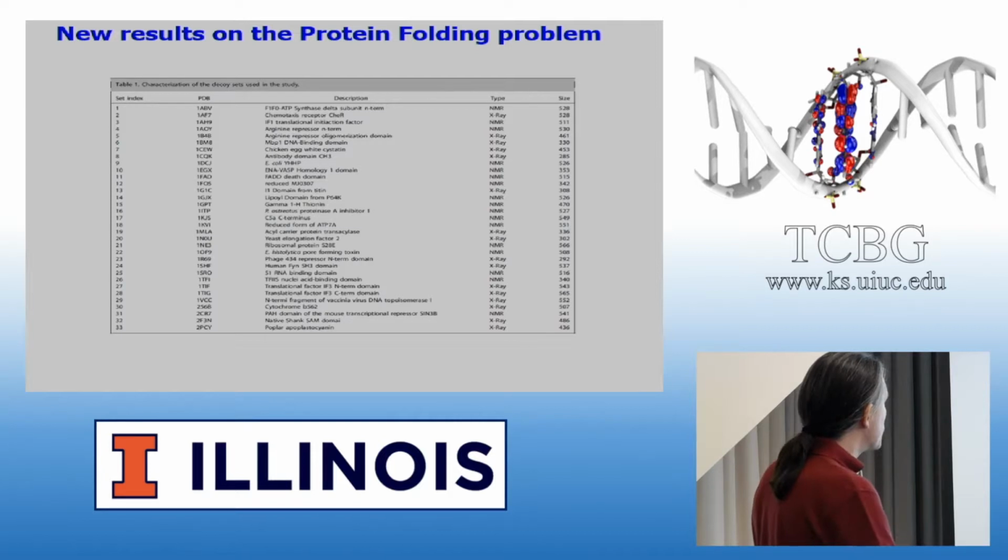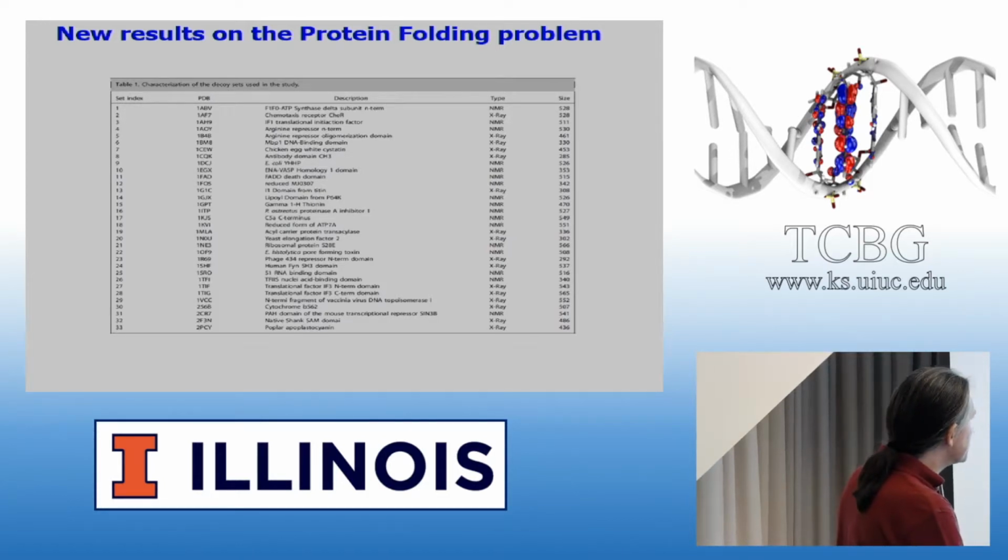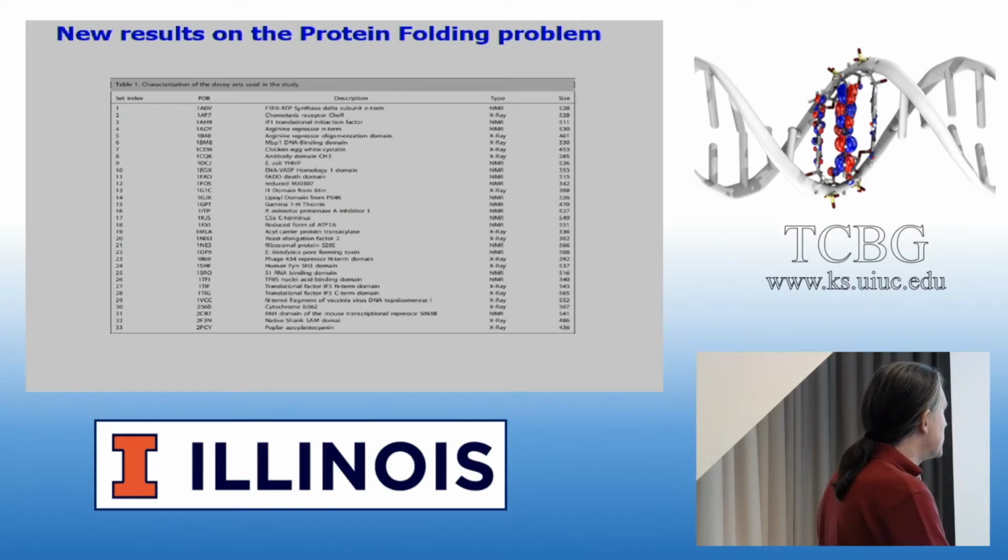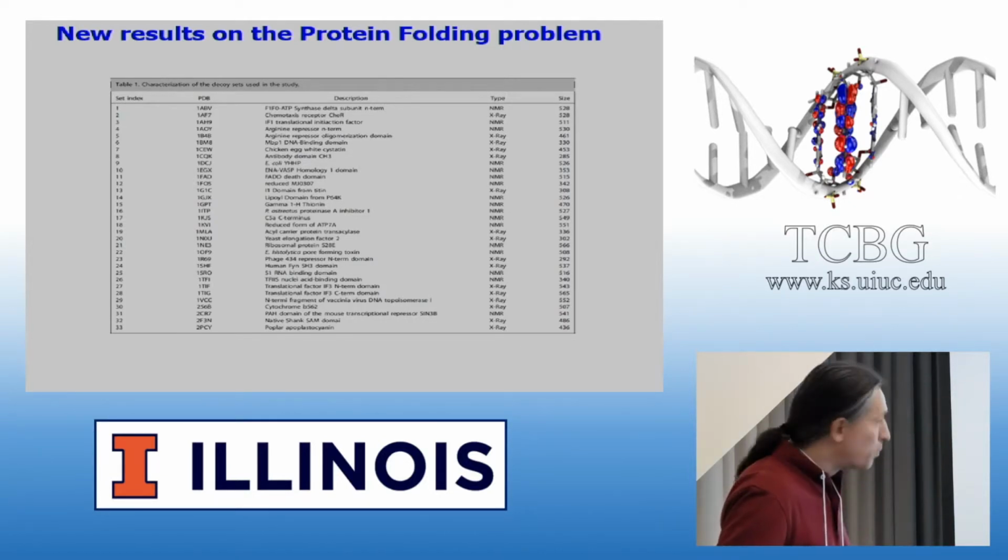That table shows all the proteins that we considered in that study. You can see that it's around 500 conformations, or a little less or more.